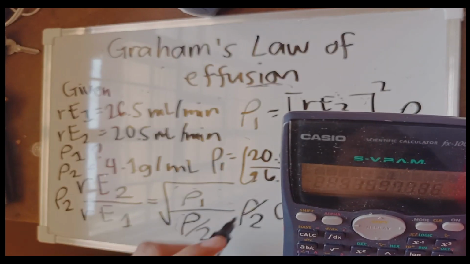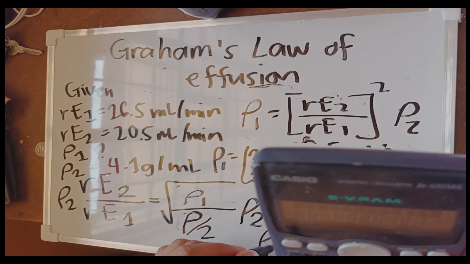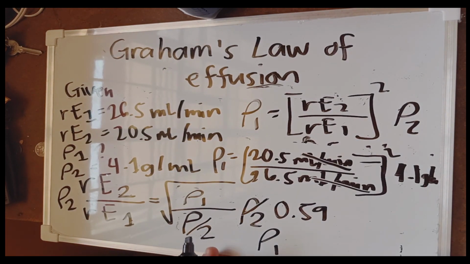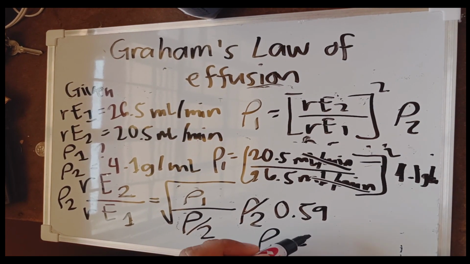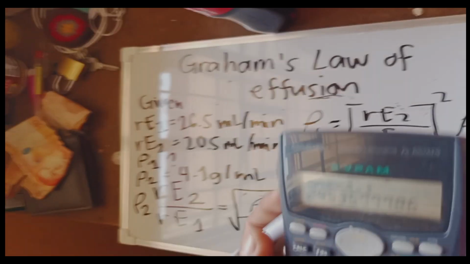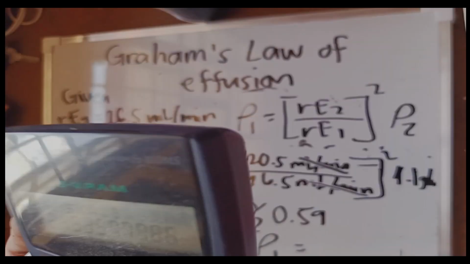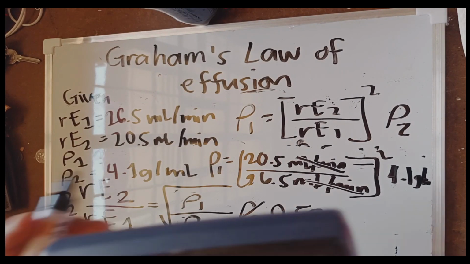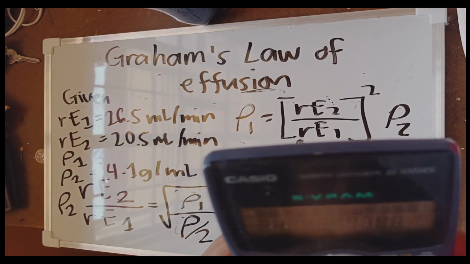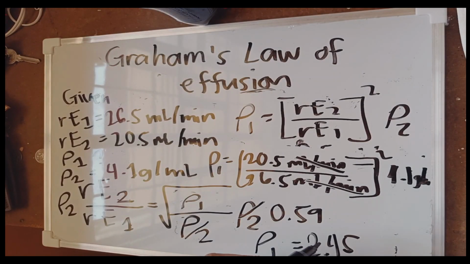Then you'll be having the final answer: density 1 is equal to 2.45 gram per ml. So now you have the density.